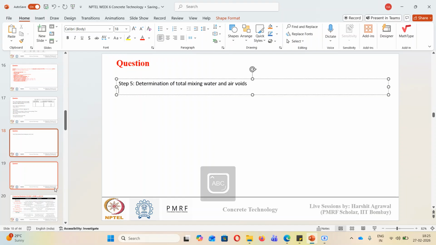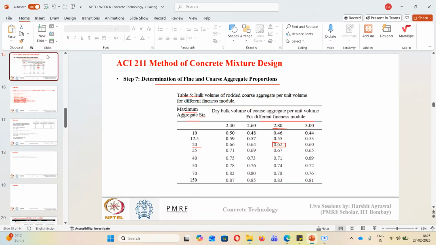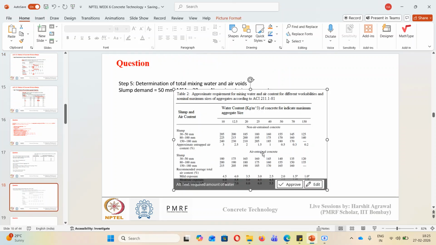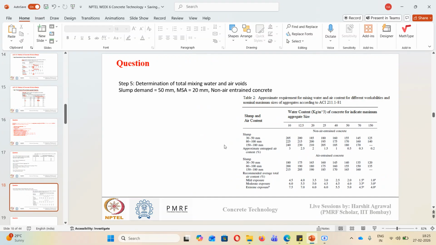Again, I know the slump demand is 50 mm, the maximum aggregate size is 20 mm, and we have non-air entrained concrete. So based on the table that is given, for 50 mm slump demand and 20 mm maximum aggregate size, my free water content is 185 kg per meter cube, and my entrapped air content is 2%.